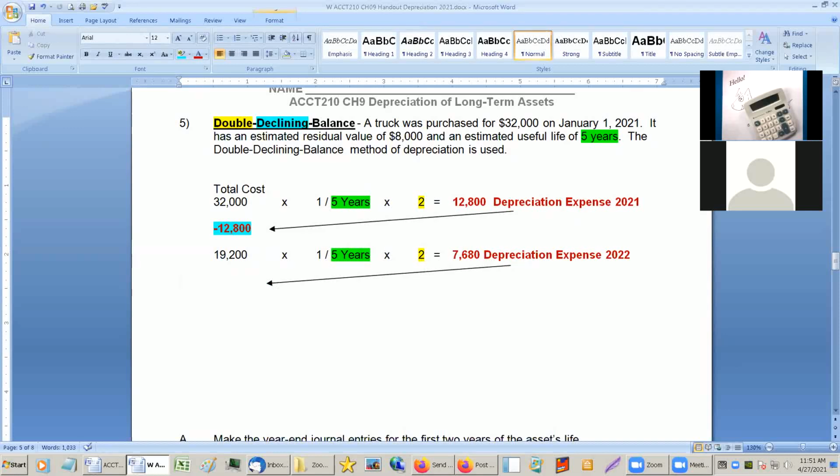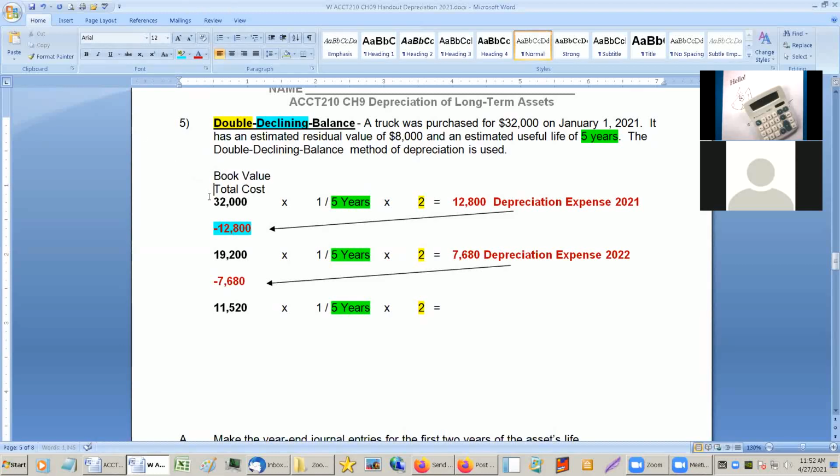Decline the balance. And by the way, this total cost that you start with is actually the book value.